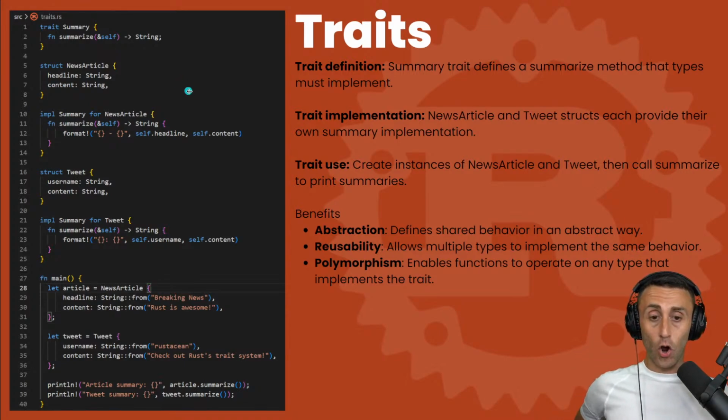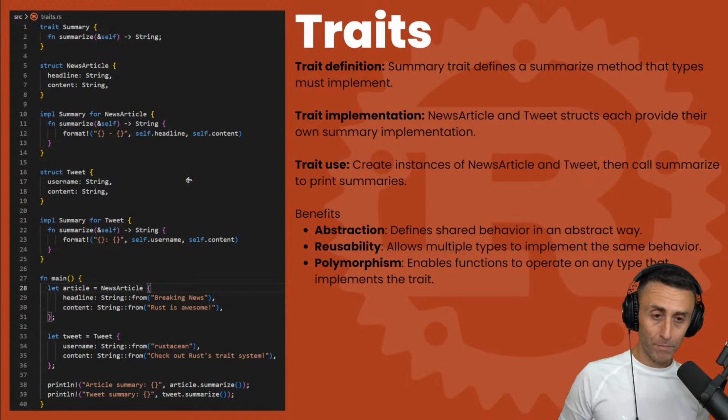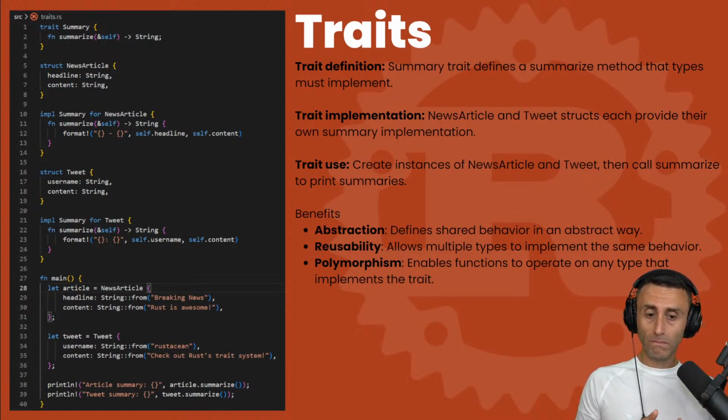You can see here on line 5, let's say that we want, for example, to summarize something, but we want to summarize both a news article or a tweet. Check line 5 and 16. So the concept of summarizing is the same, but maybe the struct of a news article and a tweet have different values.